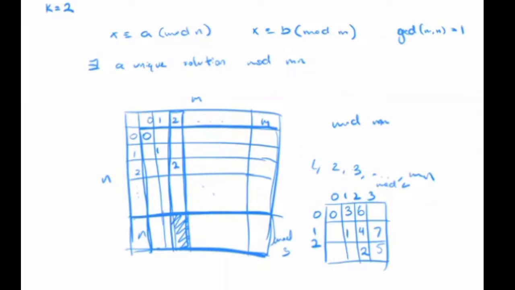I think I did this wrong. Whoops. Okay, there. Right? We see that there's one number in each cell. So there's one solution for each, and everyone has a unique one. Okay.